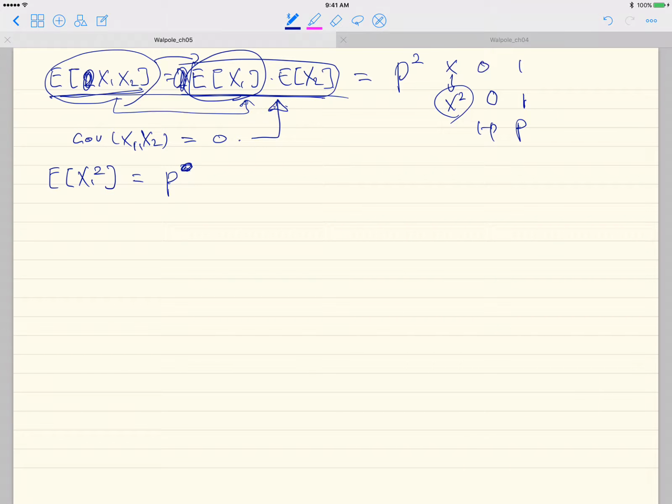Is it right? These values look the same, but these are squared values coming from 0 and 1 each. And then we associate their probability values and take the weighted average. And then it will be just the same as the expectation of x itself. Okay?